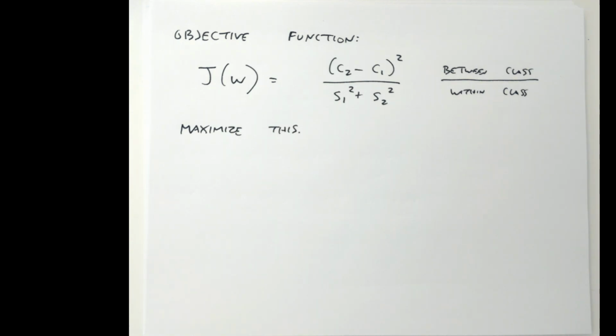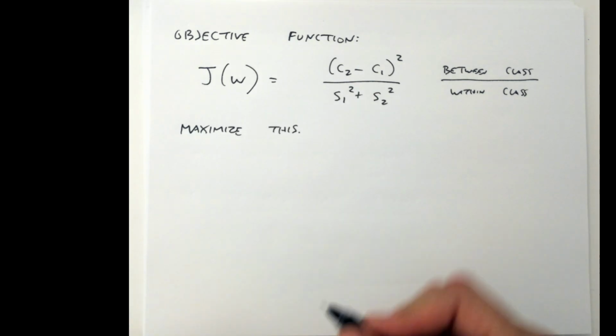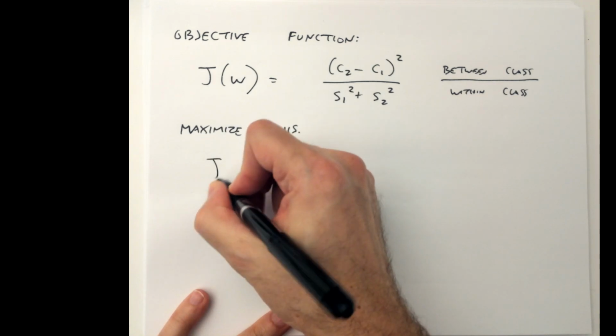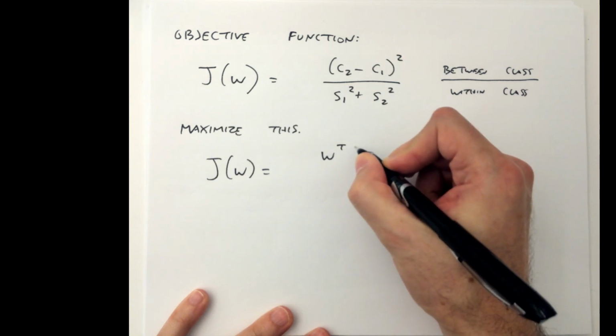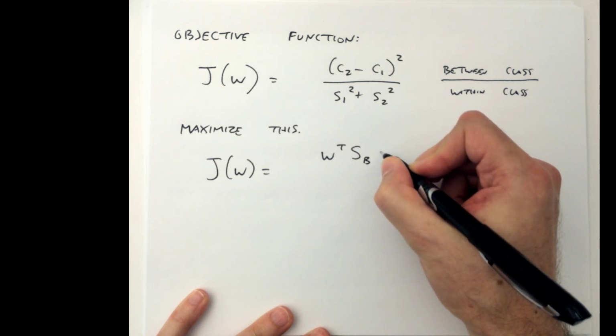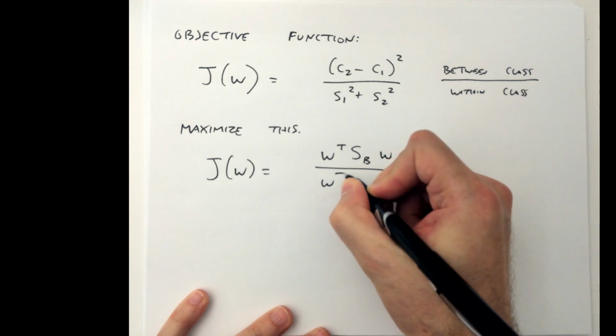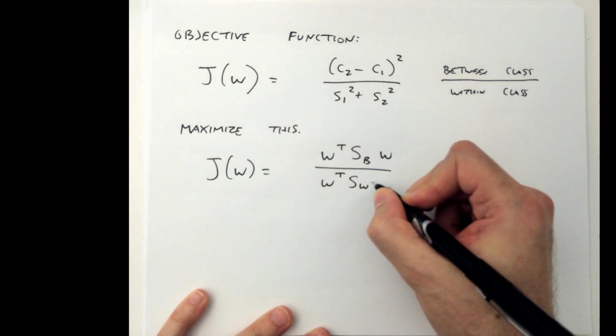And so now I need to be a little bit more explicit about how these C and S values are actually computed from the data, right? So here, this is a function of W, but W is not actually very obviously in this equation. So let me write that down. It turns out that this J of W can be written as follows. W transpose times one matrix up here, W transpose times a matrix down here.